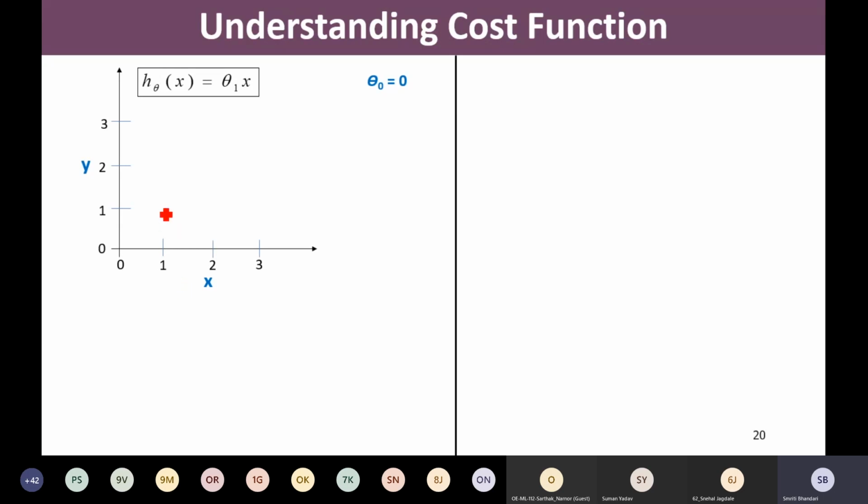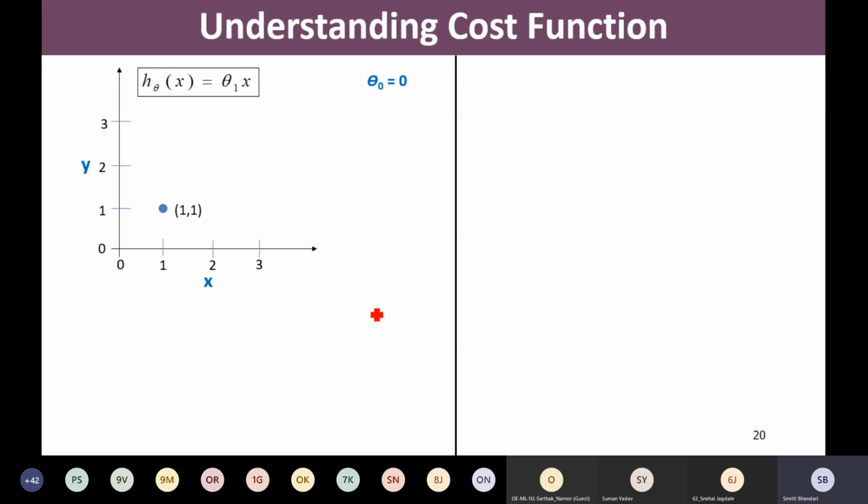Right now we are assuming that every input, every sample, is described with only one feature. For example, x would be the size of a house and y would be the associated price of the house. So a similar kind of problem we are handling right now.